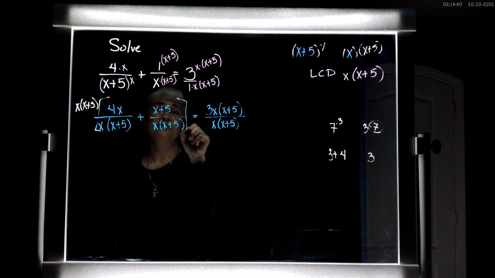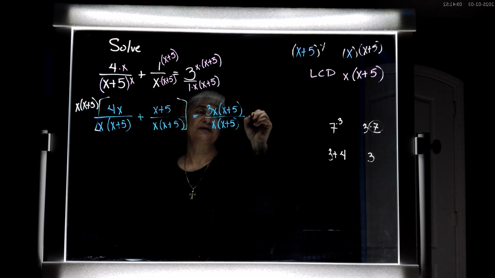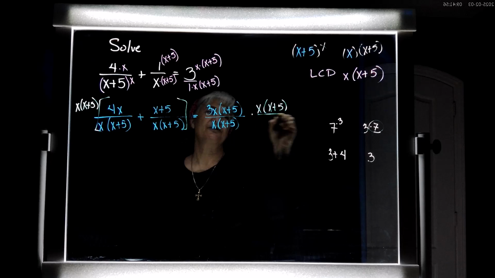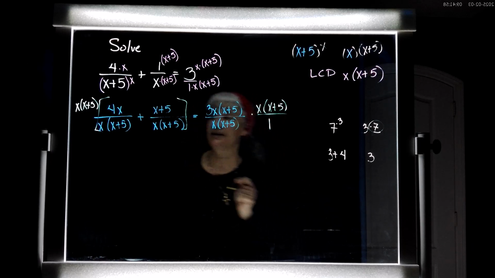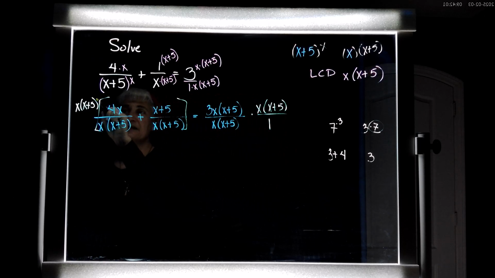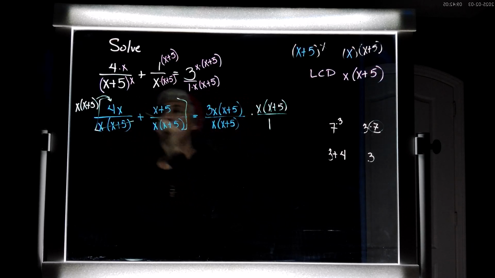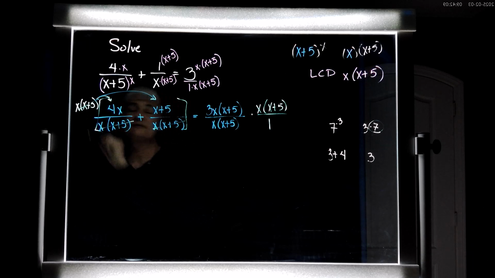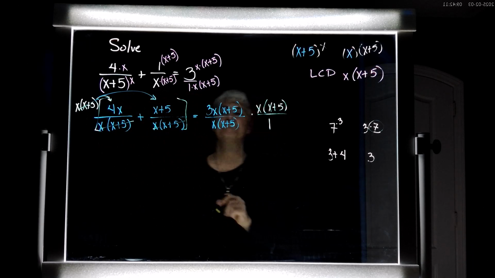Because when I do that, can you see what's going to happen? Yeah, I heard some of you say, cancel. You're right. This is going to get distributed to fraction 1, so that cancels. But it's also going to get distributed to fraction 2, so it cancels. Right?